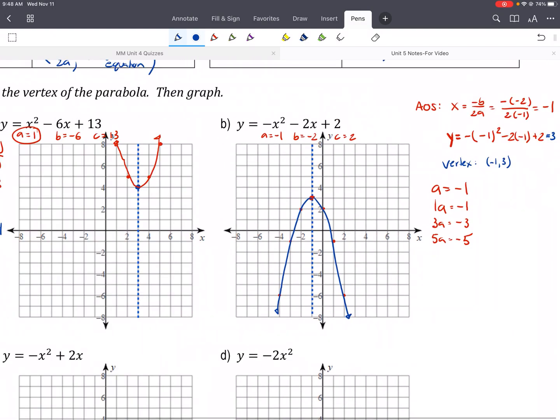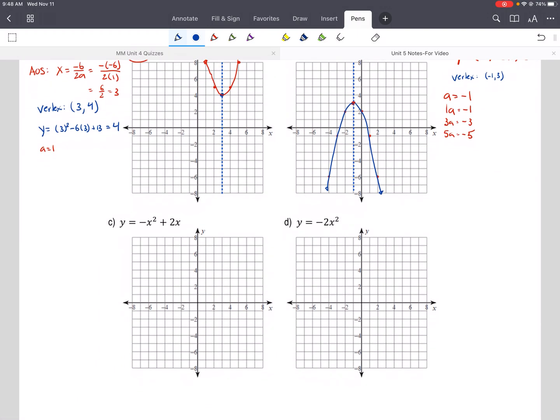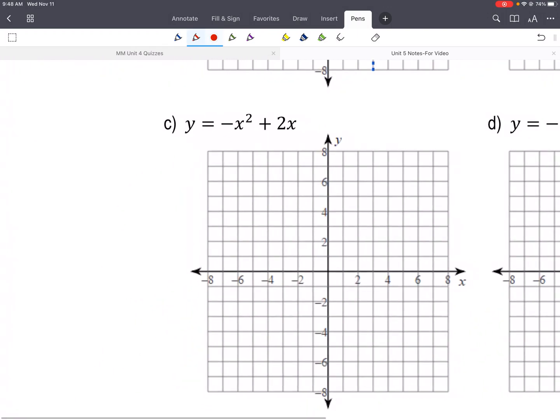All right. So if you would give C and D a try, and pause. Okay. So here we want to find our axis of symmetry. x is equal to negative b. b is 2. a is negative 1. So x equals negative b all over 2a.